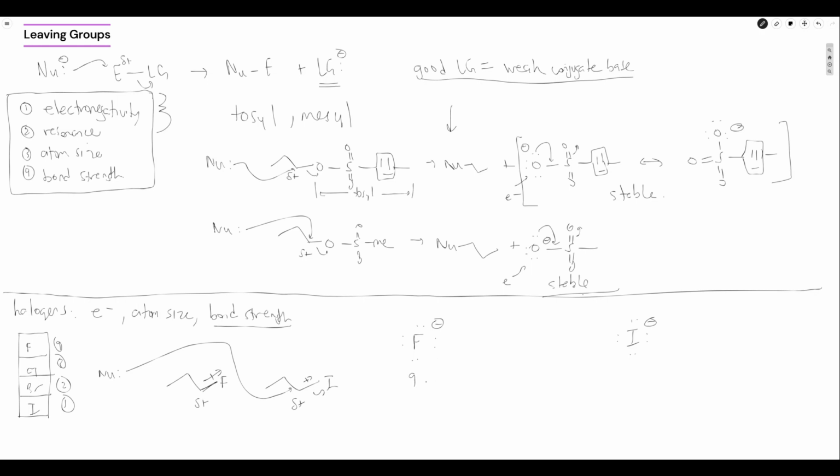Fluorine is an atom with 9 protons, and iodine is an atom with 53 protons. And what this means is when the fluorine atom gains another electron and becomes an anion, it now has 10 electrons, right? It's going to have that one extra electron. That's why it has a negative charge. And there's one extra electron per 9 protons.